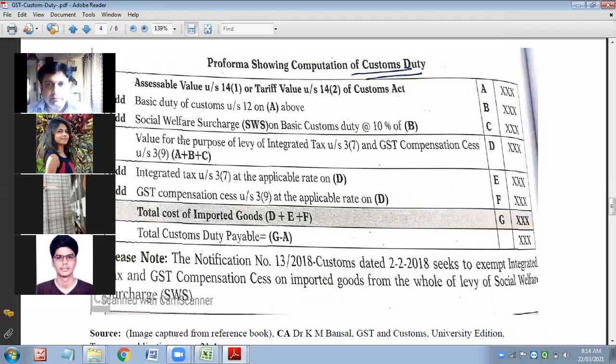After adding all this, we will get the value for integrated tax under section 3 subsection 7 of IGST, or compensation cess under section 3 subsection 9 of CGST. So whatever the value of D we will get, on that we will charge IGST under section 3 subsection 7.